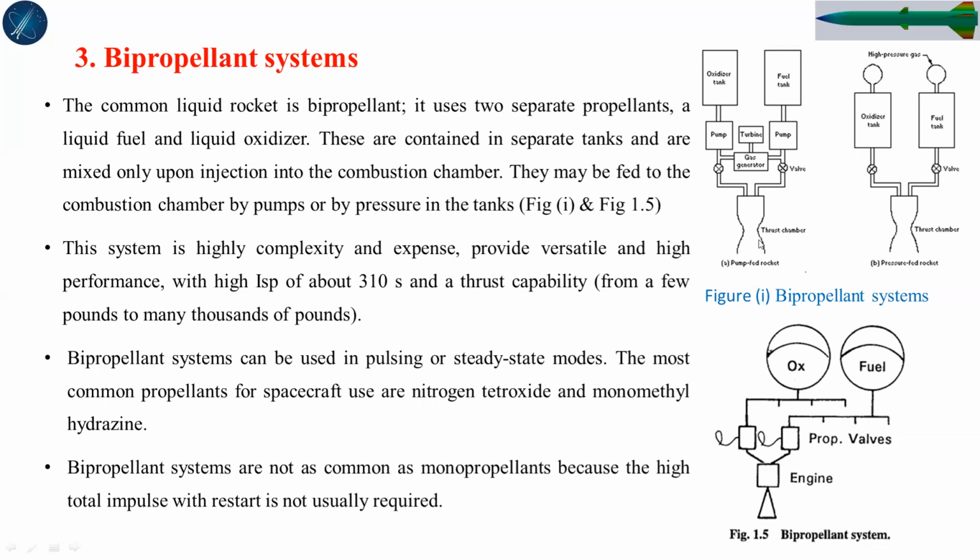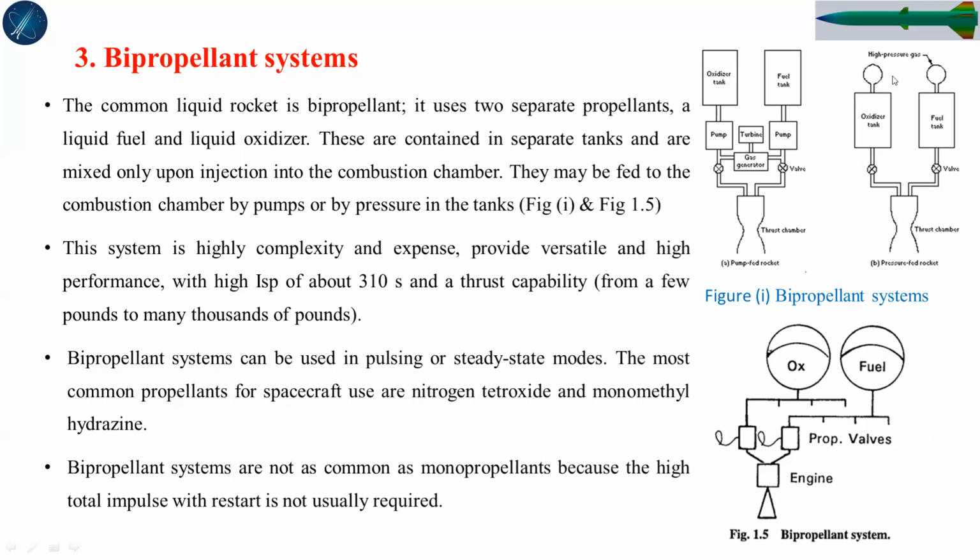So in this system, we need many types of pumps and connections or valves. Because of that, it is an intricate kind of system, and it is very difficult. But managing or controlling the burning mechanism in this system is easier than in others.